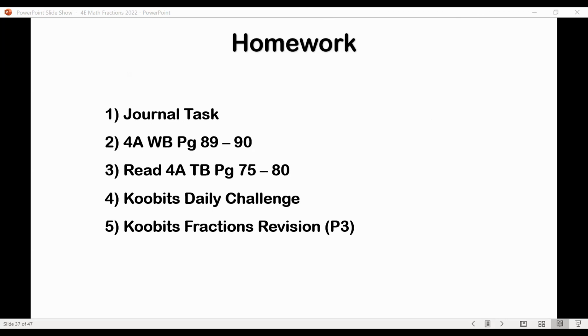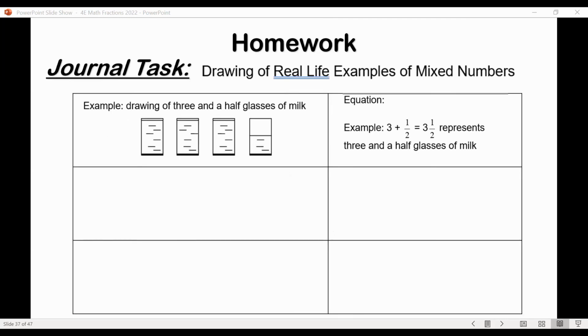Can you do that? Just read the textbook. The workbook, we try on Monday. Is this okay? Can you understand your homework? If you're okay, you pack up your things and then say goodbye. Which one? Page 75 to 80.